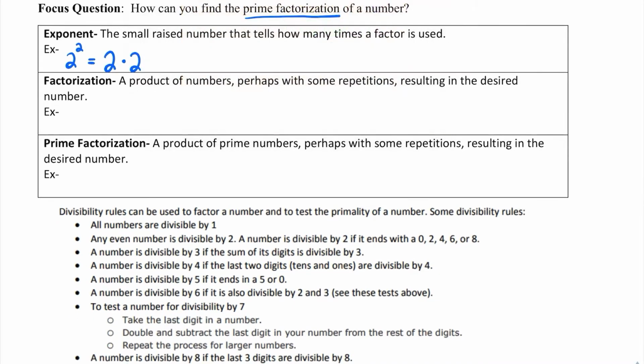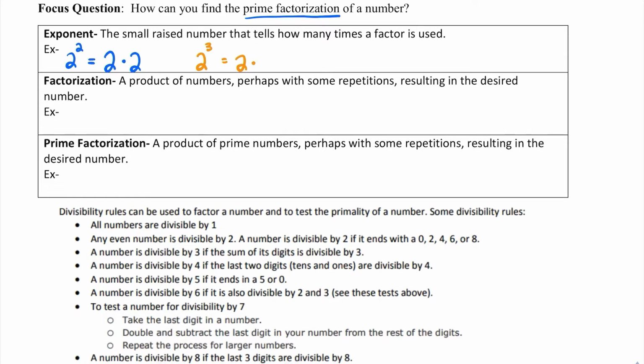I want to show you another example. I'll use 2's again. I'm going to say 2 to the third power. And again, we are looking at that small raised number. Hopefully you guys remember what something raised to the third power is. Some of you might remember that we call it cubed. So 2 cubed, or 2 to the third power.